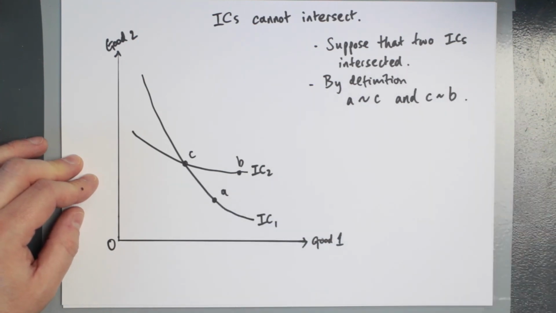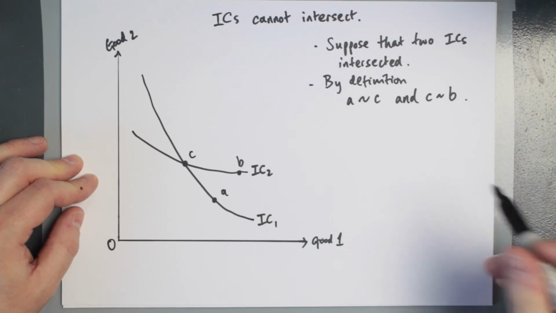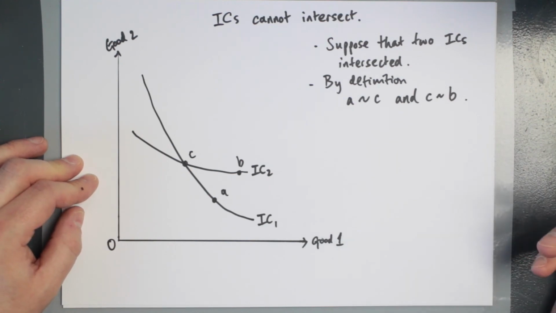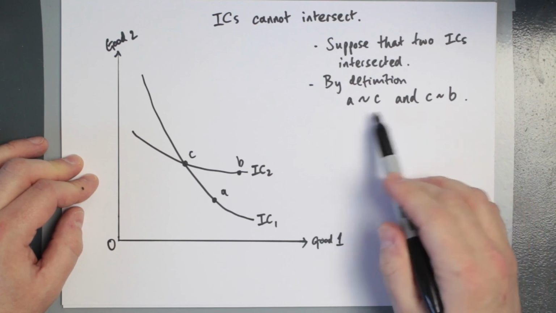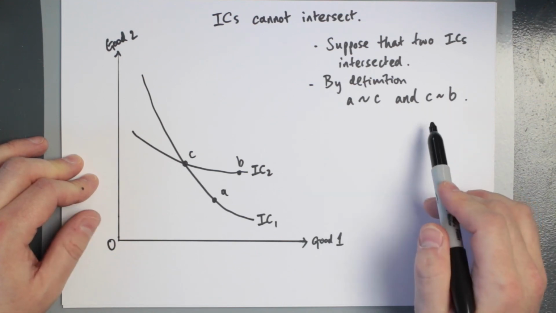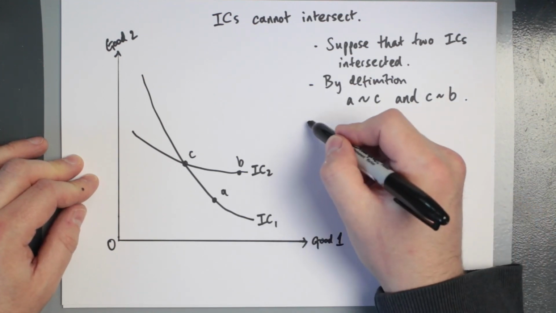Now, if I know two preferences that involve, and I'm just looking at three bundles, I don't need to ask another question, okay?